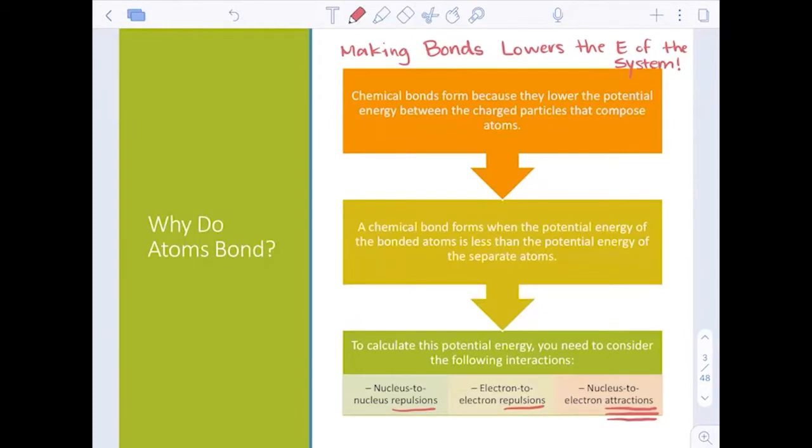Now, it could be plus and minus charges, cations and anions, or it could just be the protons in the nucleus to the electrons in the electron cloud. And this overall idea of the attractions should be the greatest value. If we see that a bond forms, it's because the attractions outweigh the repulsions.